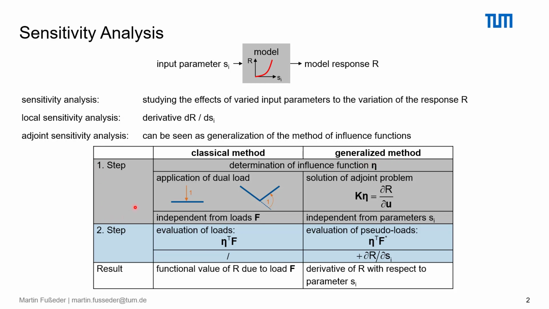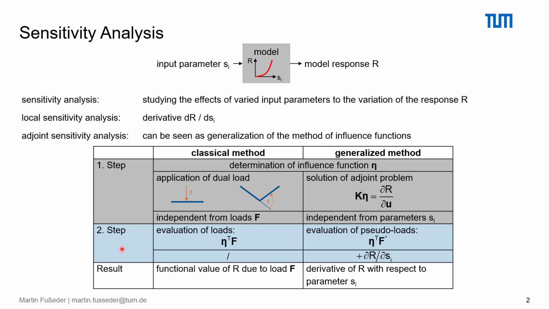We can see that both approaches are equivalent two-step approaches. In the first step, the influence function corresponding to the response is computed. In the classical approach, this is done by application of the so-called dual load, whereas in adjoint sensitivity analysis, the influence function is determined by solving the adjoint problem.